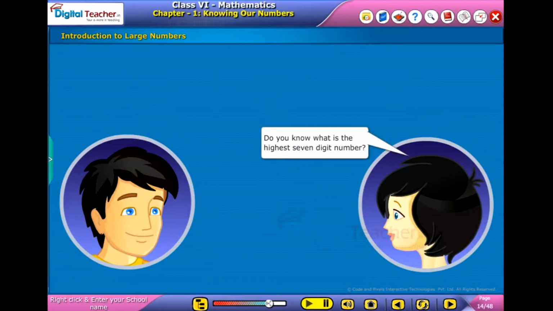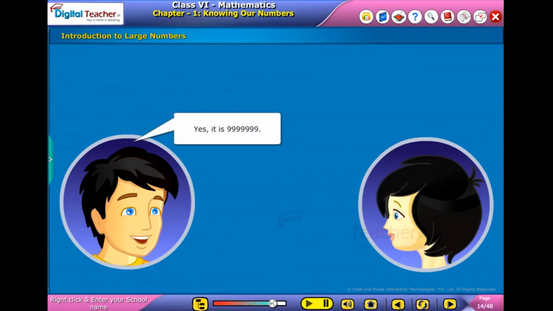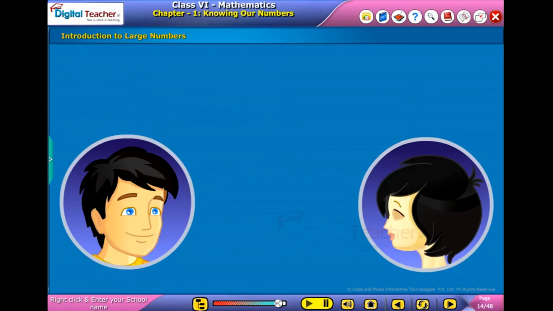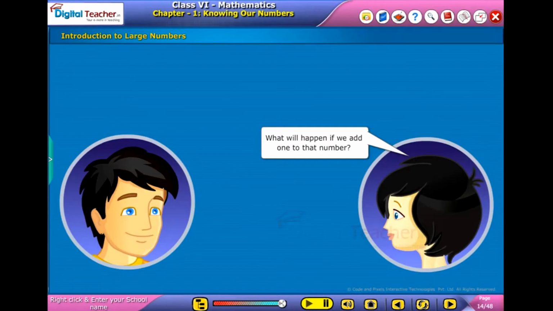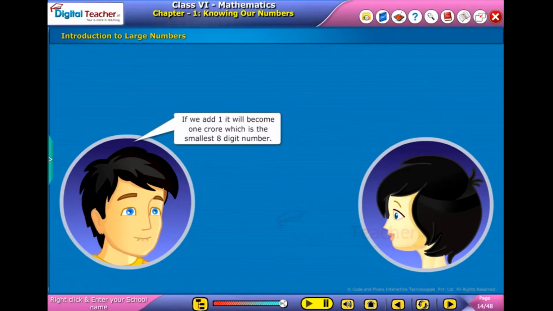Do you know what is the highest 7-digit number? Yes, it is 9999999. What will happen if we add 1 to that number? If we add 1, it will become 1 crore, which is the smallest 8-digit number.